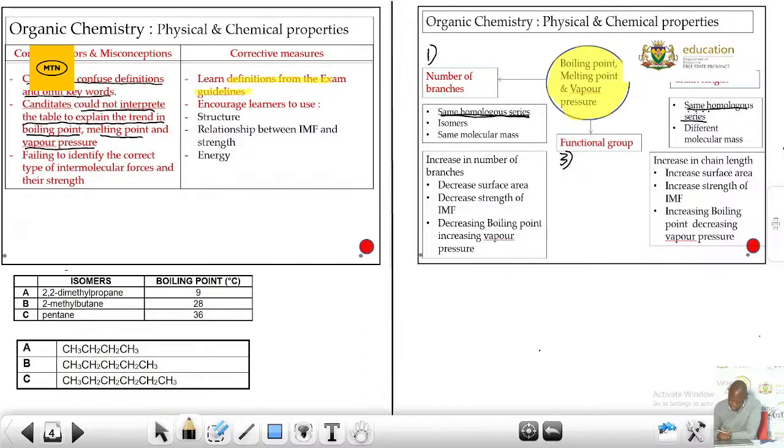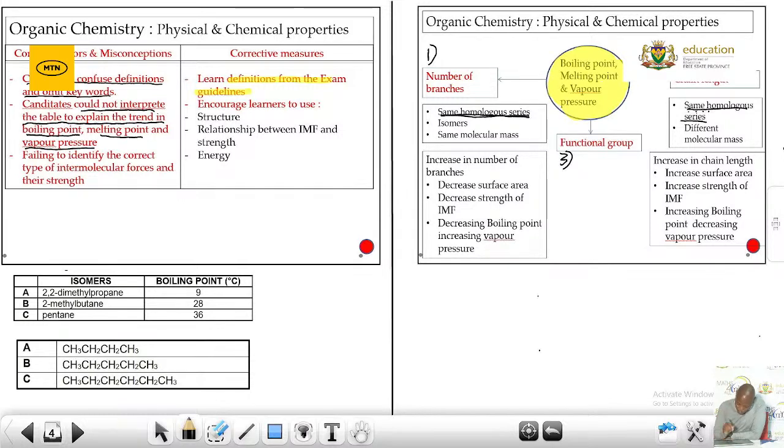But this does not assist in terms of, is it the number of branches or is it the chain length? Then it basically says we need something extra to solidify our choice of which factor is influencing the boiling point and the melting point.